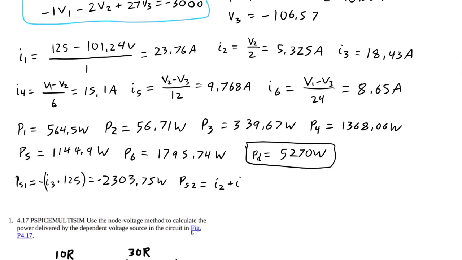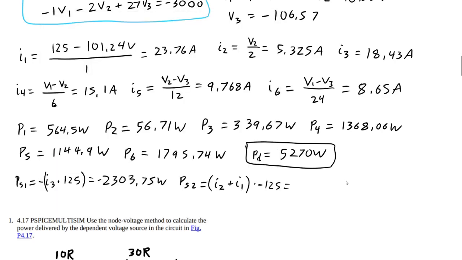Say PS2 is going to be, I think, I2 plus I1 times 125. Okay, so I2 is 5.325. I may have made a mistake, because this is going to be a big number. Let me double check my math. I'll be right back.